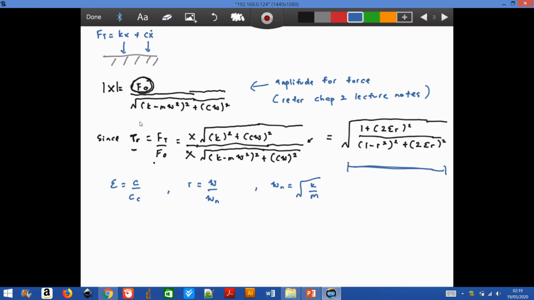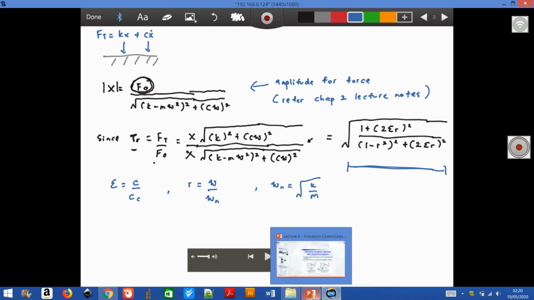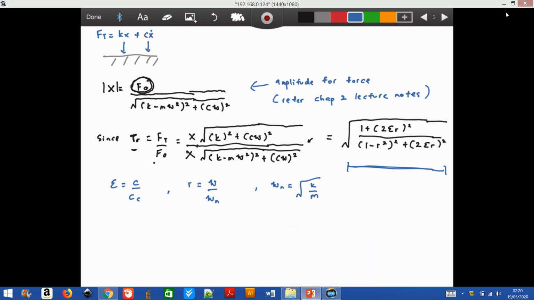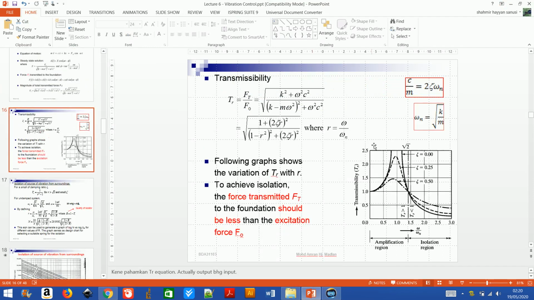Okay. So if we refer to the plot of transmissibility ratio over r, you can refer to your page 16. This is a plot whereby they plot the transmissibility ratio over the frequency ratio.